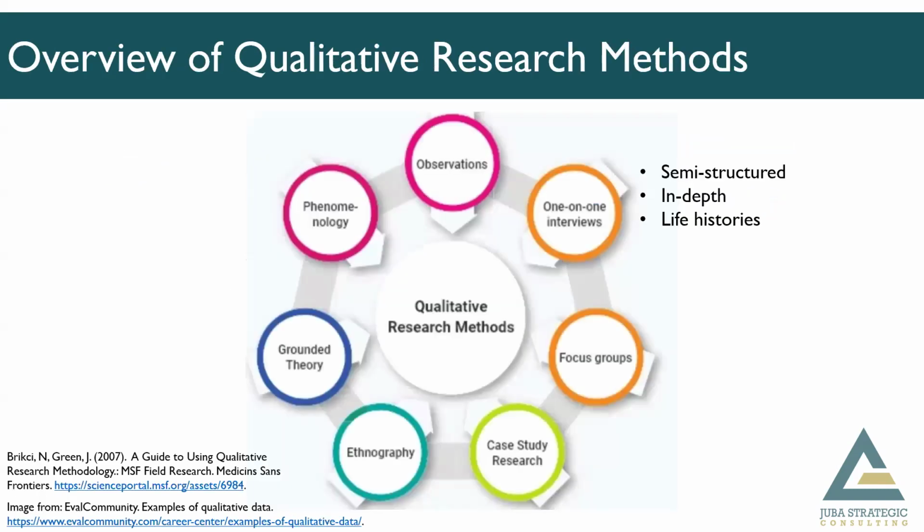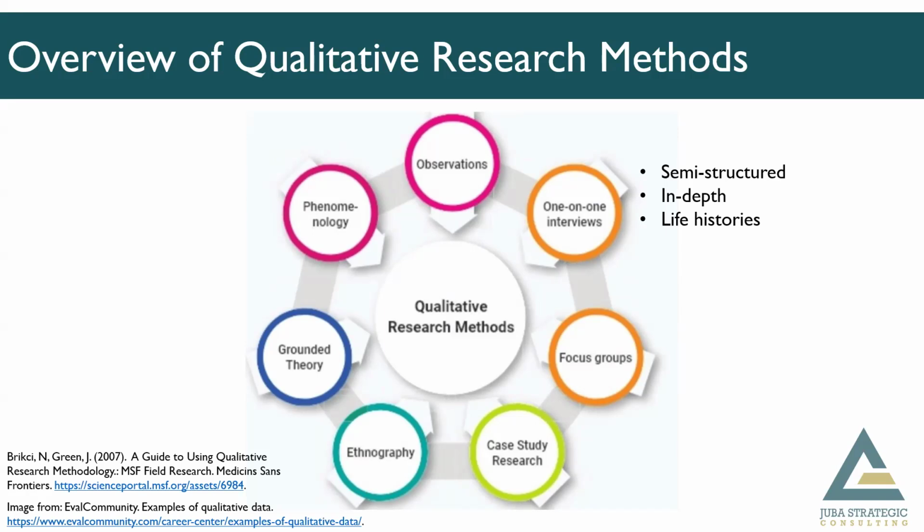Okay. So this diagram is just a broad overview of different qualitative research methods. I'm going to quickly describe a few of these, and a lot of these work together as well. So, for example, phenomenology, that's really trying to gain an in-depth understanding of a specific phenomena.